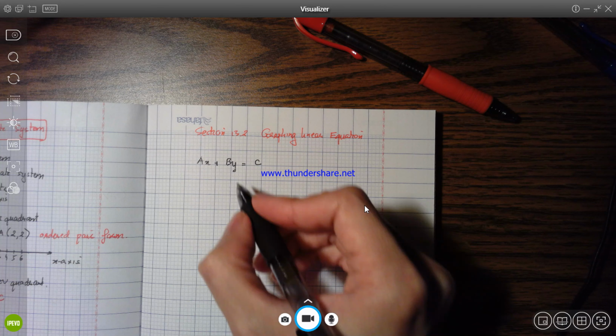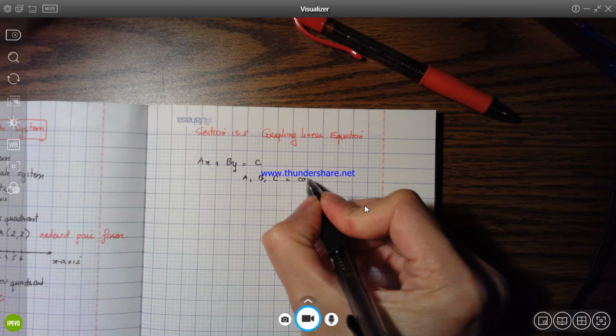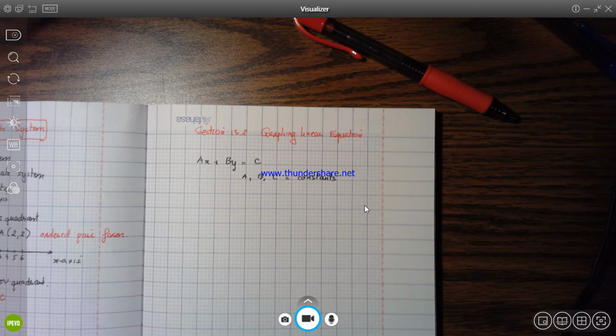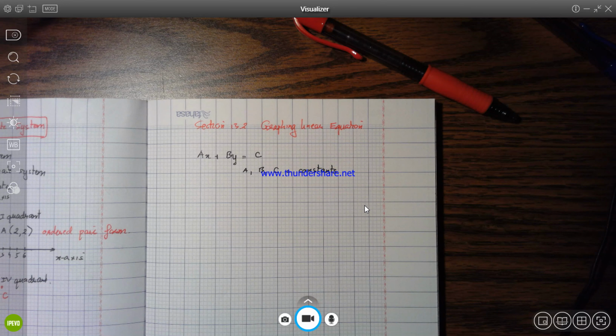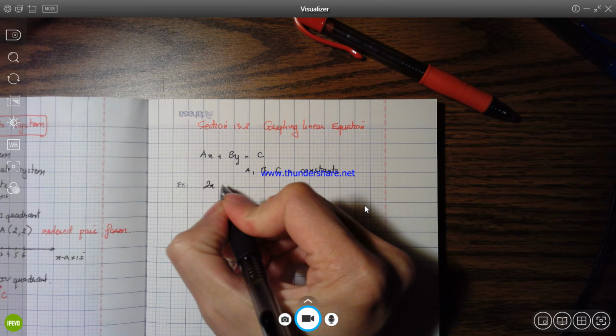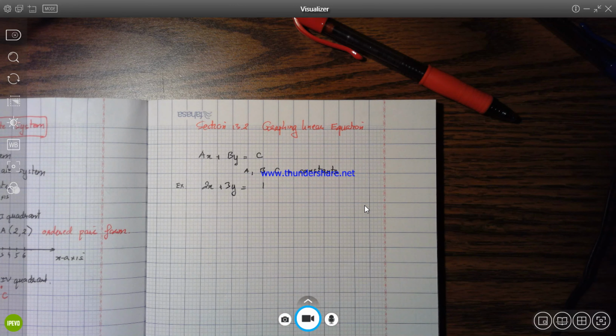A, B, C are just numbers, just constants. They could be any number, a fraction or a whole number. For example, I have a linear equation like this: 2x plus 3y equals 1. So this is a linear equation, but instead of having only the x variable, we also have a y variable.